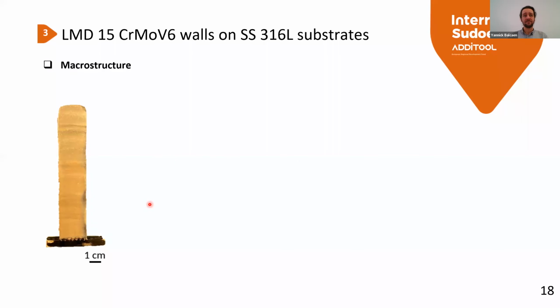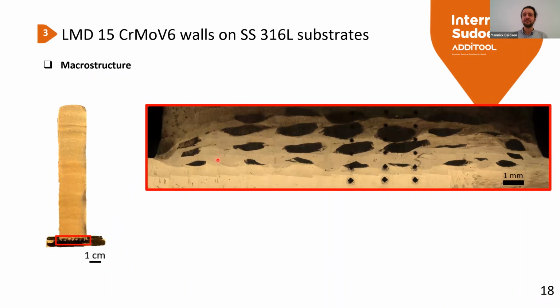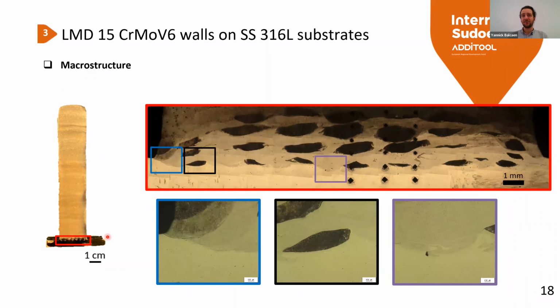We have only, in the vicinity of the base plate, very odd microstructural features. So we've built a ferritic alloy on an austenitic one, austenitic stainless steel. So we have some unmixing features between these two alloys.